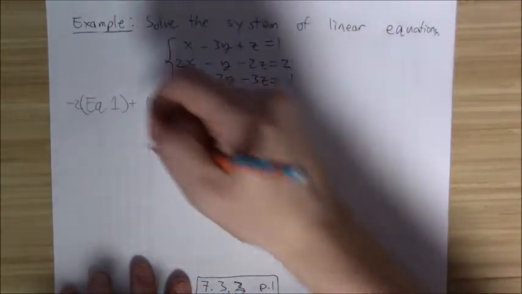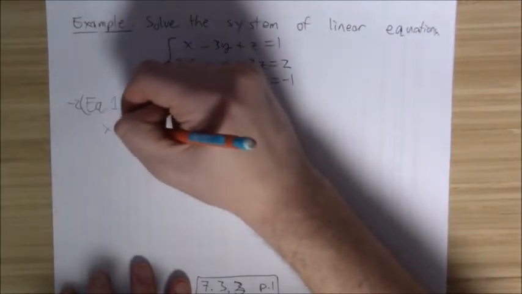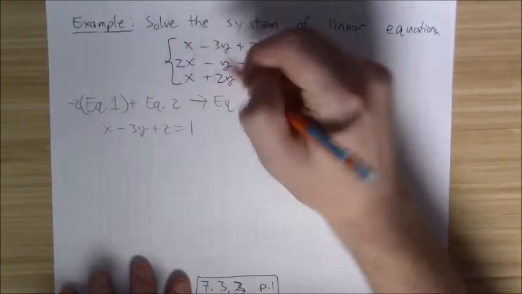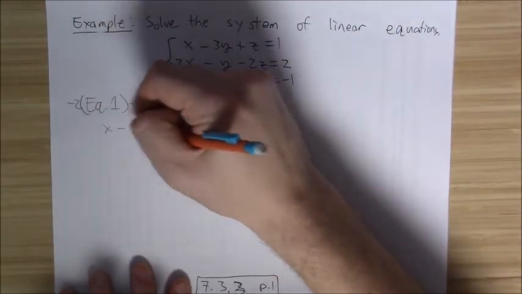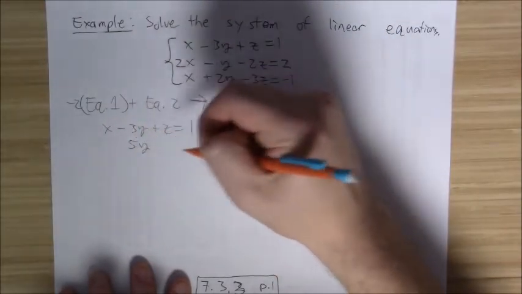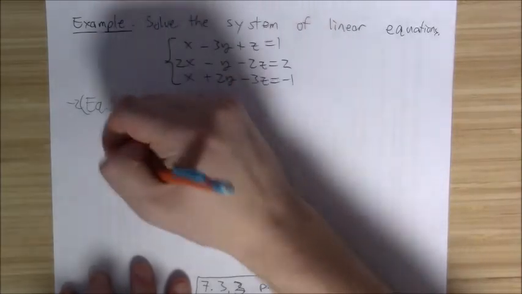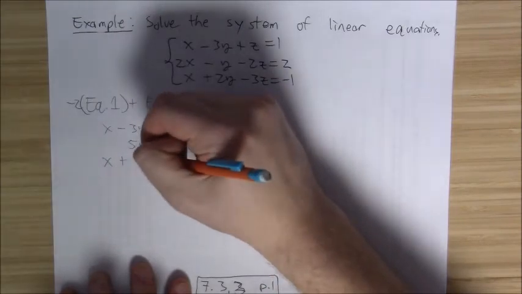Doing so, the top equation stays the same. The new bottom equation will be 5y minus 4z equals 0. And of course, my bottom equation remains the same.